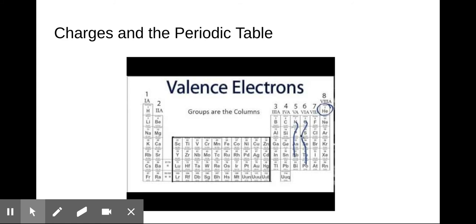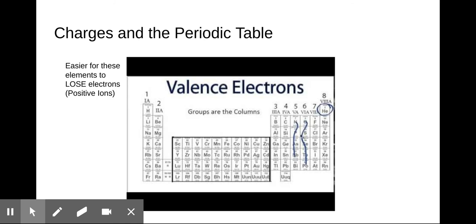So the valence electrons help us tell what the charge is going to be. If we only have 1 outside electron, or 2 outside electrons, or even 3, it's going to be easier to remove those than it is to gain up to 8 electrons. So things on the left side of the periodic table, it's easier for them to lose electrons.